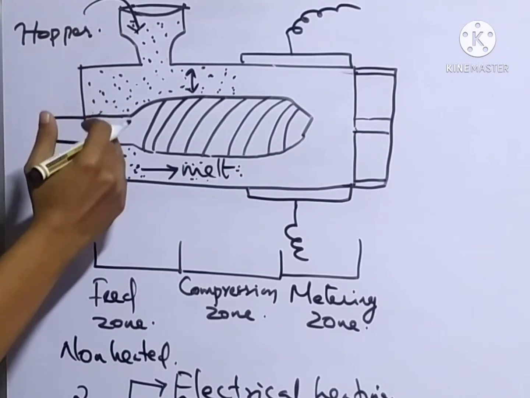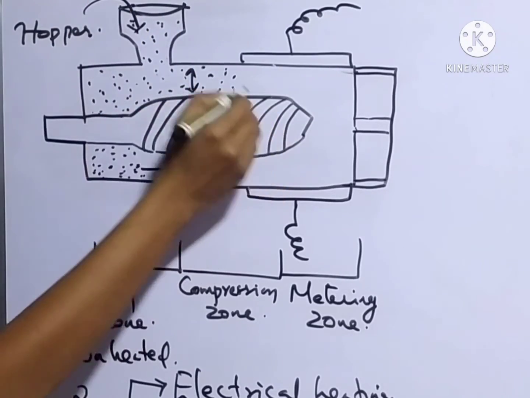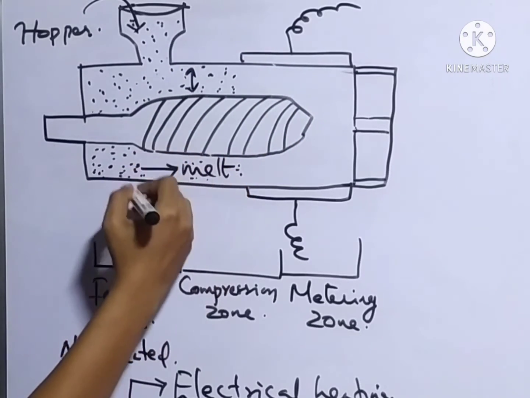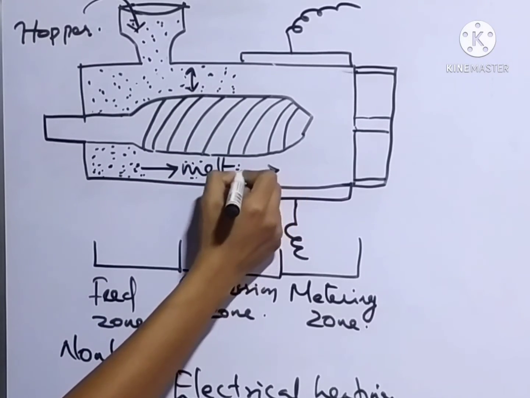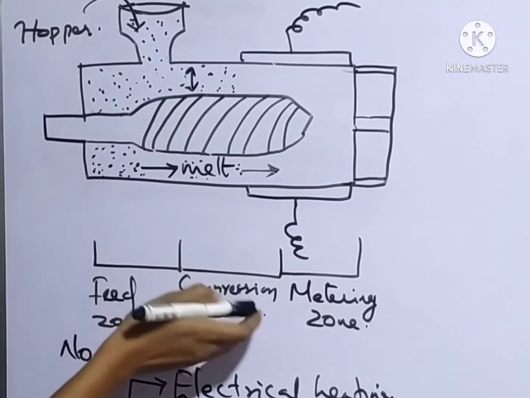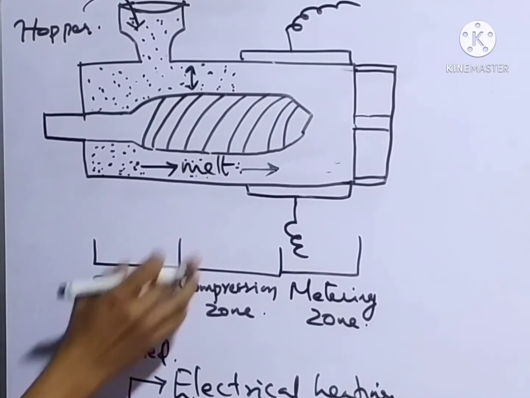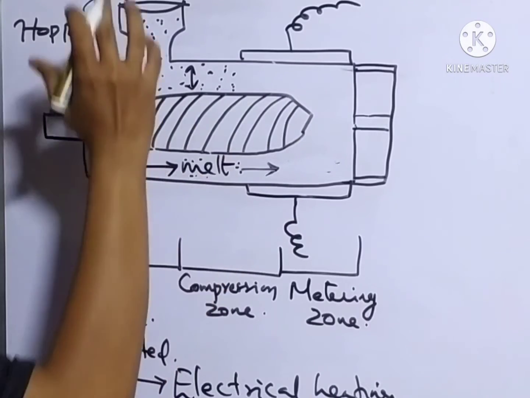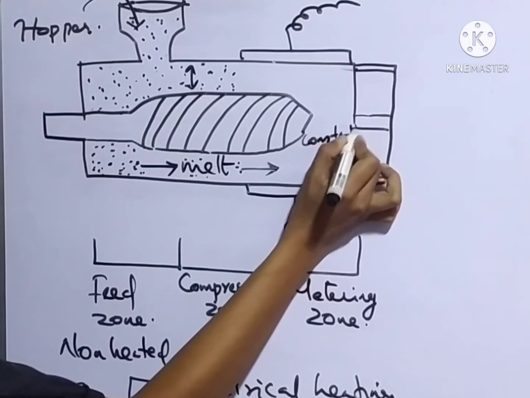That is, the frictional force arises from the compression of the charge between the screw and the surface of the cylinder. The molten polymer material is then sent to the third zone, the metering zone. The temperature of the metering zone is also high. What occurs in the metering zone is that the molten polymer attains a constant flow rate.